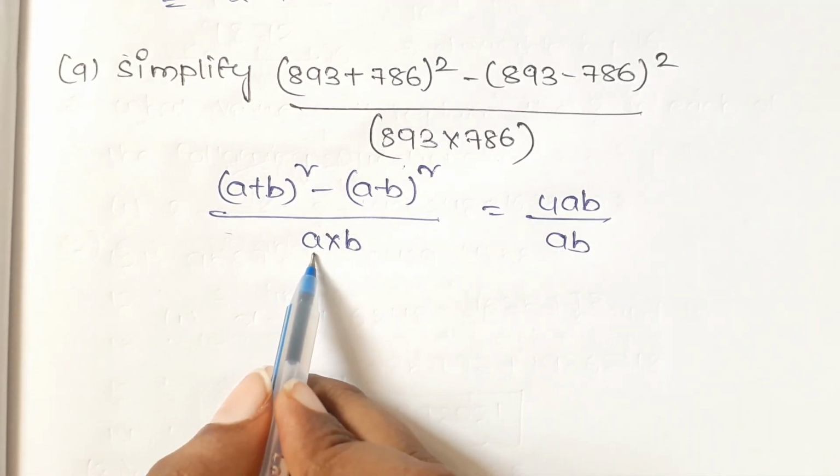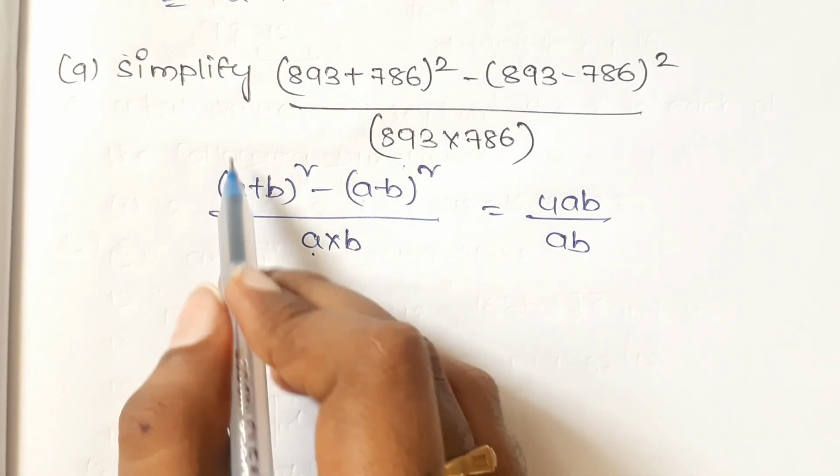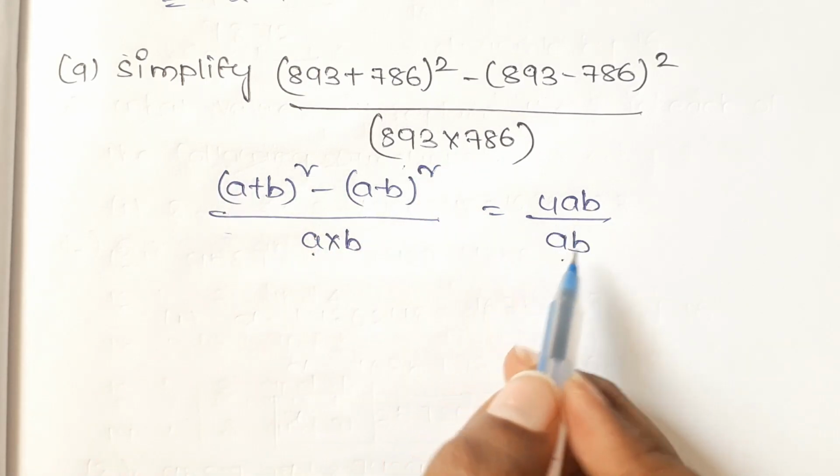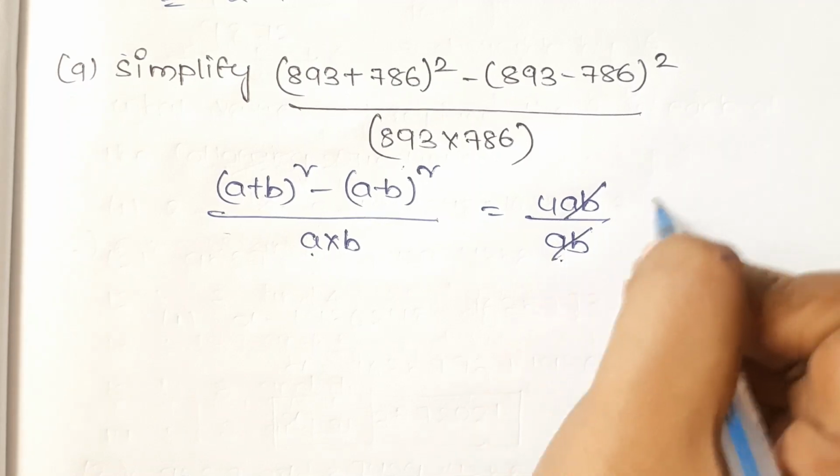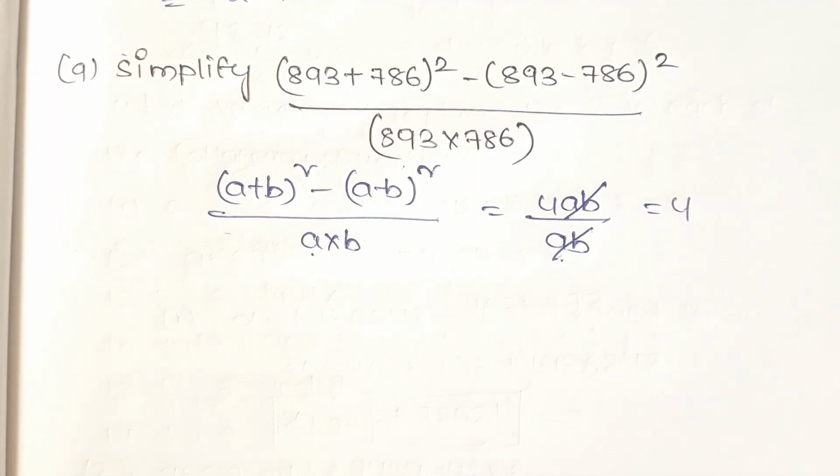Here we have already a into b, and the formula for this is 4ab by ab. Here these two get cancelled, and we get the answer is 4, and this is the one of the another model.